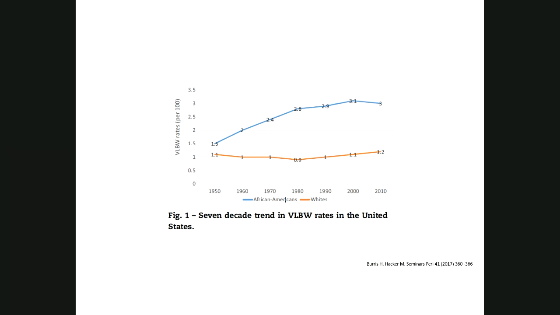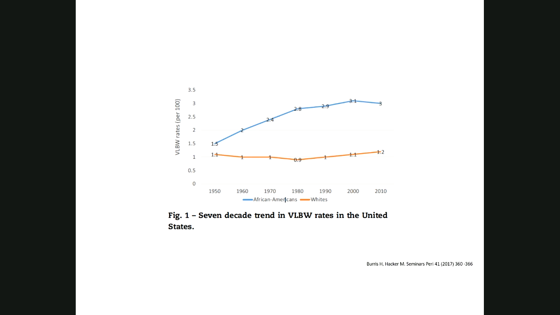Disorders related to short gestation, that is less than 37 weeks, and low birth weight, less than 2,500 grams, are the leading cause of death for all African American infants, whereas congenital malformations are the leading cause of death for white babies. African American and white mortality rate ratios range from 1.2 for congenital malformations to 3.5 for disorders related to short gestation.